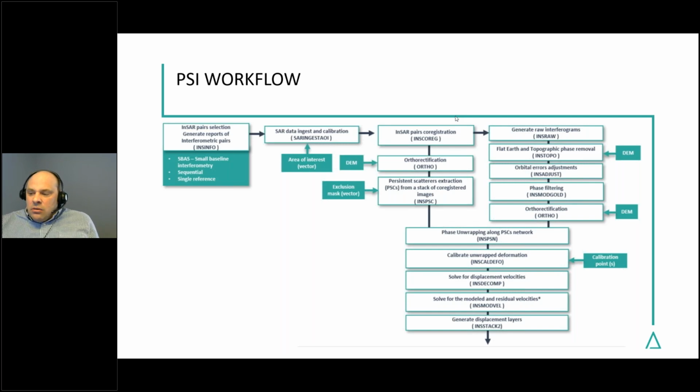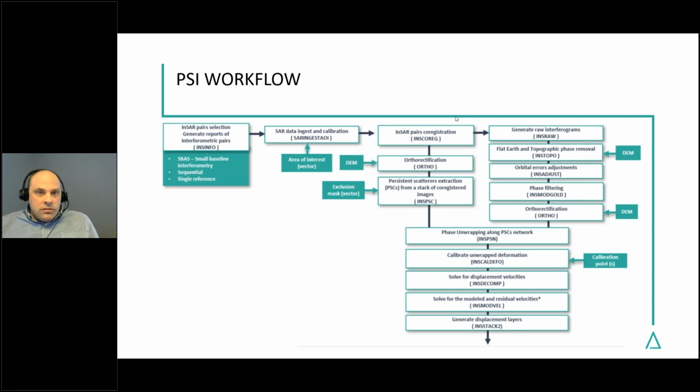Just to give you an example, I processed a stack of TerraSAR-X data. I had 30 images, but for 14 million points, it took 10 minutes per interferogram to unwrap. So this is a really fast process.